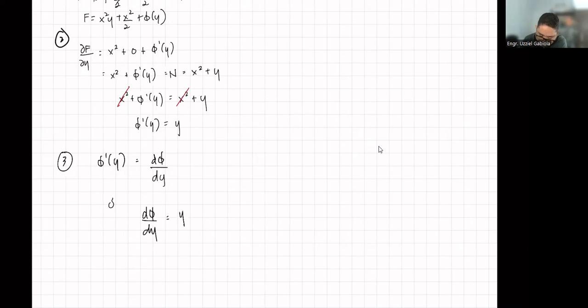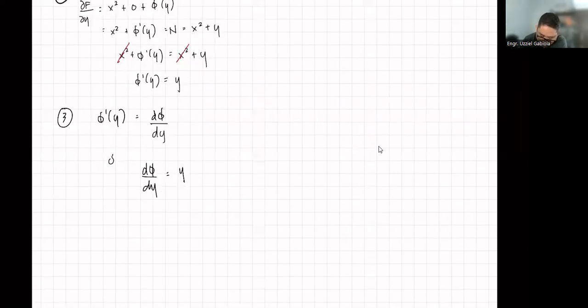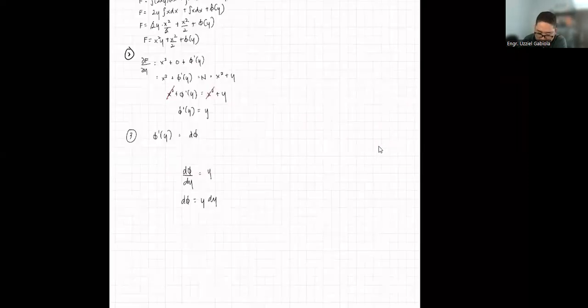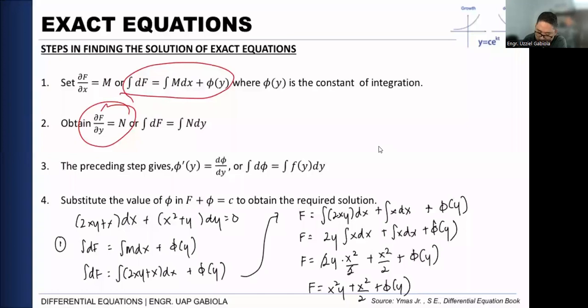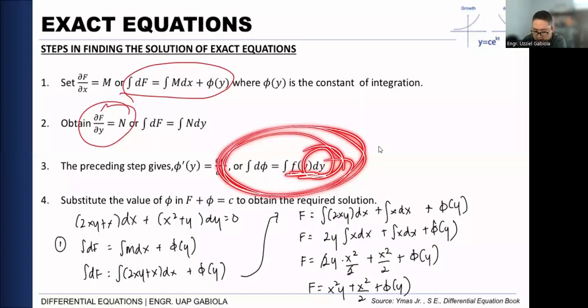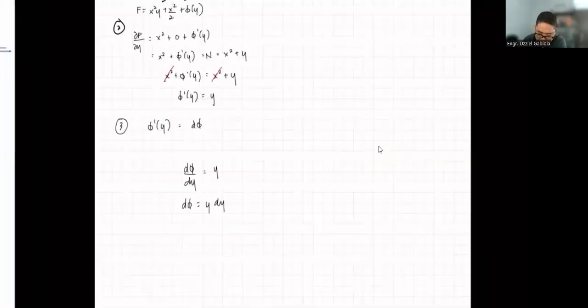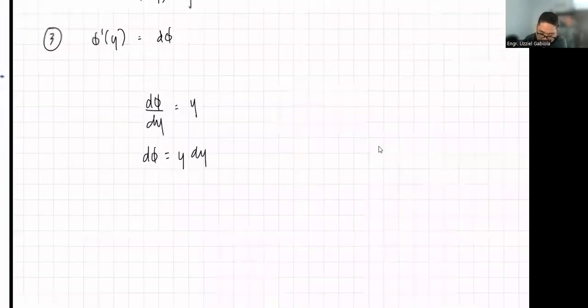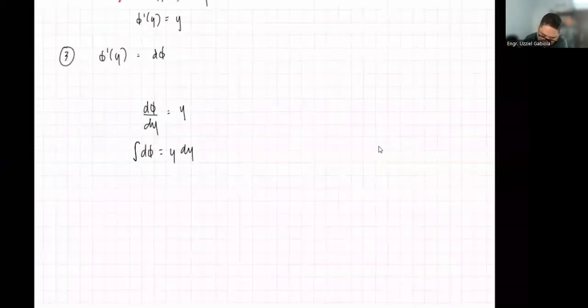Okay? Then next, gagawin mo, cross-multiply mo y dy. And then ang next natin is, according dun sa step 3, is to integrate, no? Kung ano man yung nakuha nating function dun sa kabila in terms ni y, i-integrate natin to sa dφ. Okay? So dito, integrate natin. So we have φ is equals to integration ng y dy?